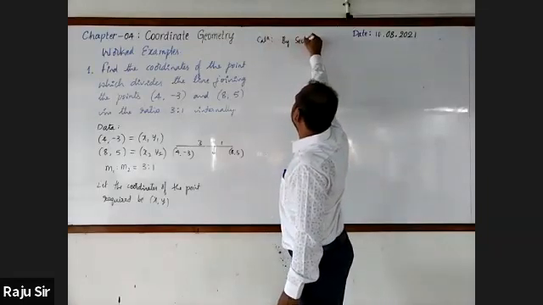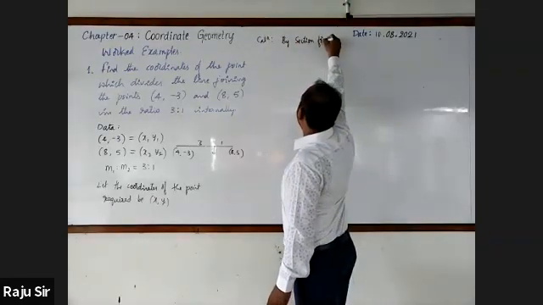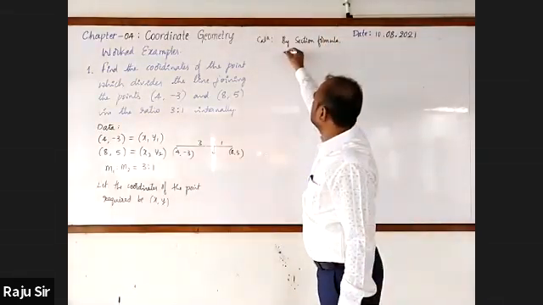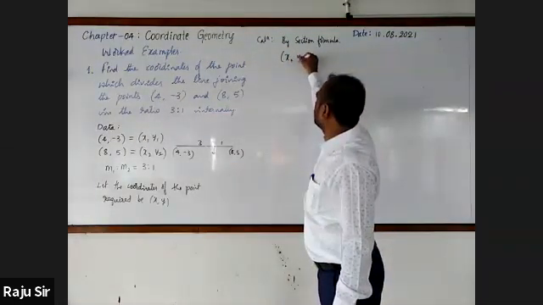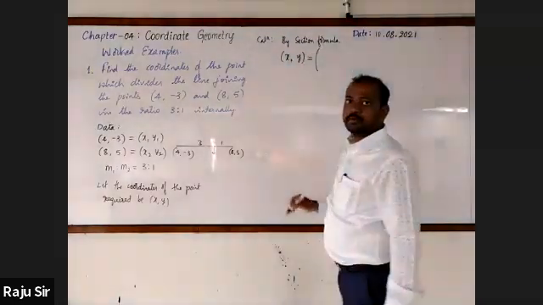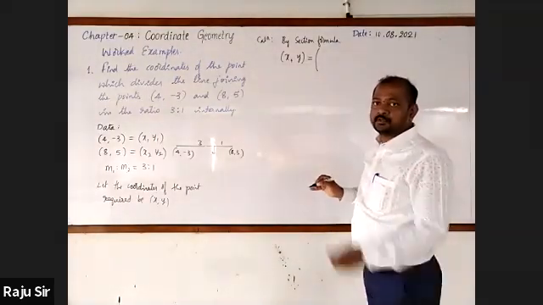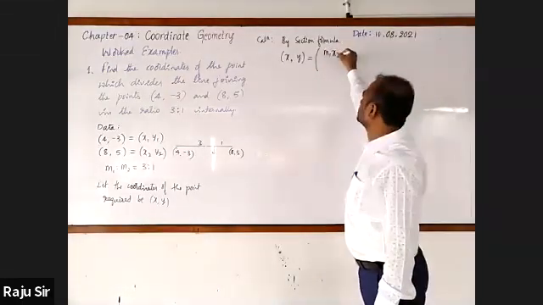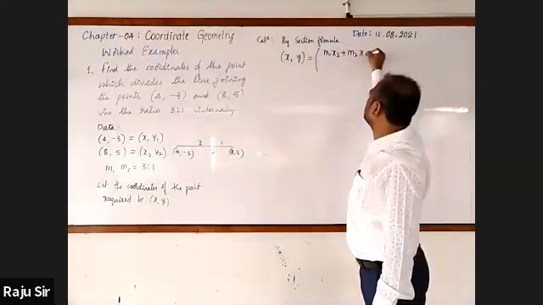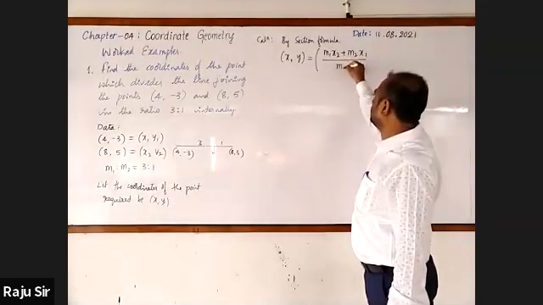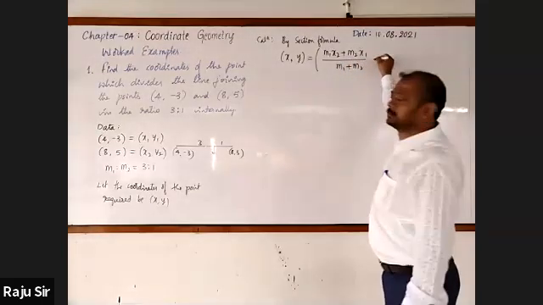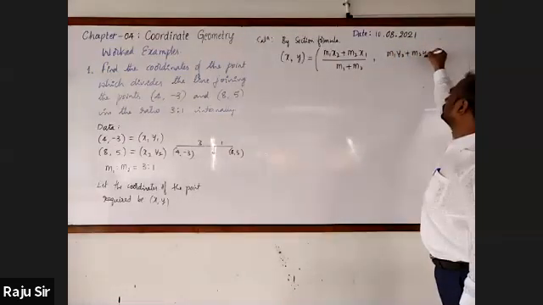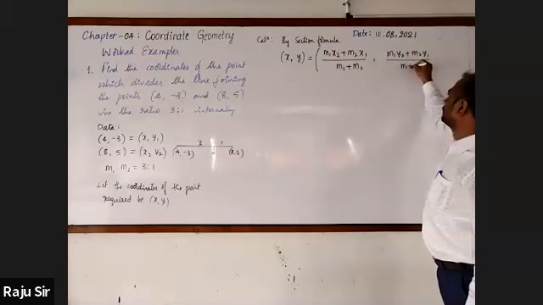By section formula, we can write x comma y is equal to, write with patience, m1 x2 plus m2 x1 by m1 plus m2, m1 y2 plus m2 y1 by m1 plus m2.